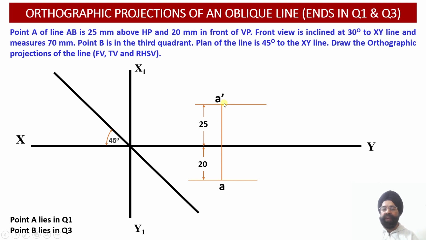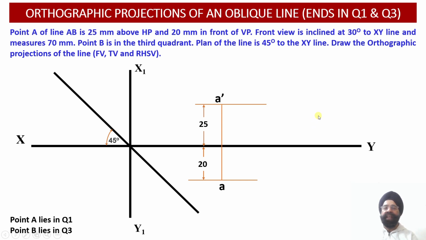Usually we would have drawn this angle of 30 degree into this orientation had end B of the line been located in quadrant number 1. But since end B of the line lies in the third quadrant, we should be able to obtain the front view projection of the end B below the XY reference line and the top view projection of the end B above the XY reference line.